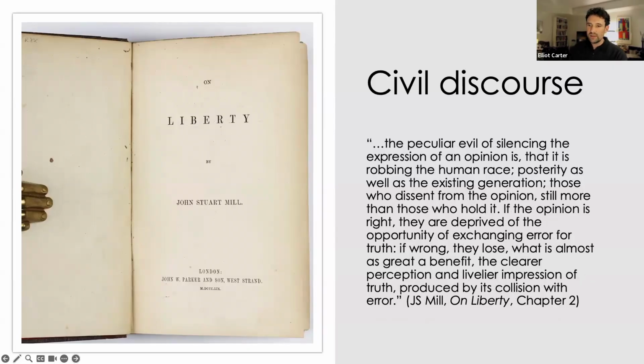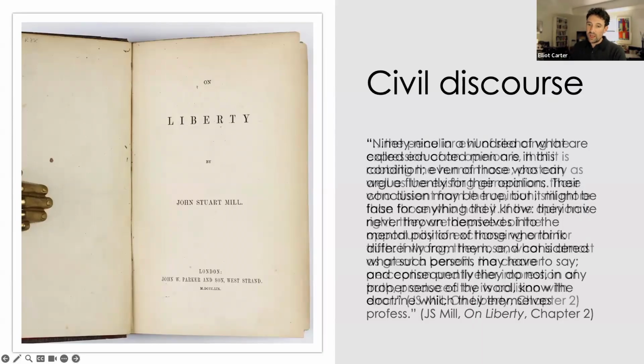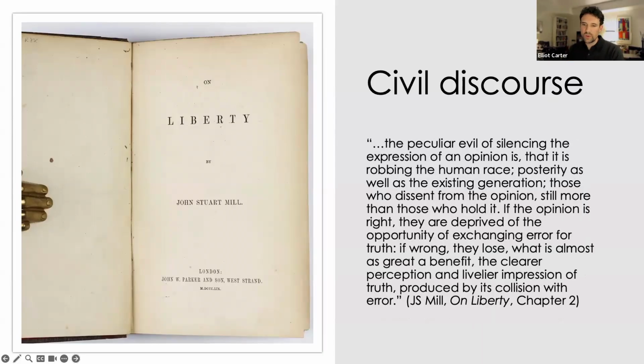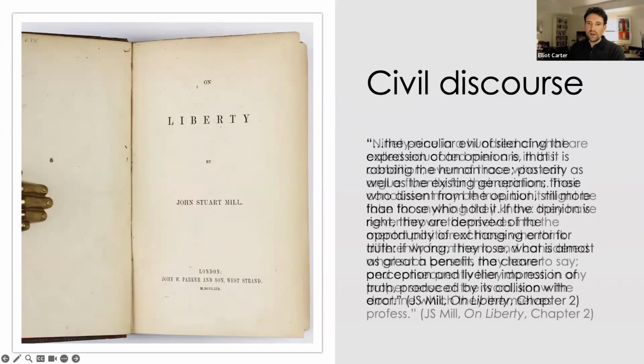If the opinion is right, they're deprived of the opportunity of exchanging error for truth. If wrong, they lose what is almost as great a benefit, the clearer perception and livelier impression of truth produced by its collision with error.